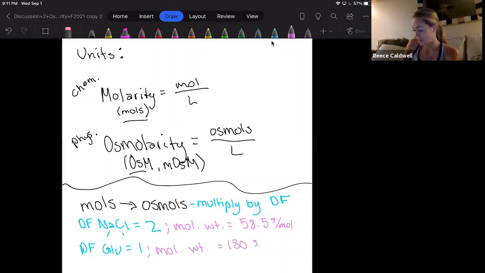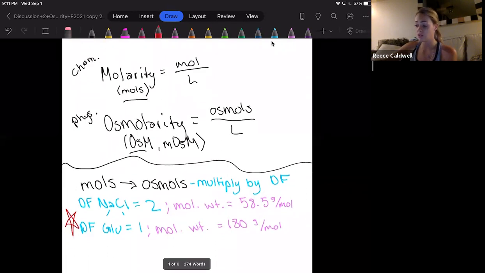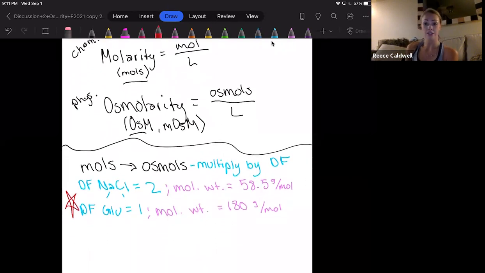Definitely memorize those for the exam because they will not be given. You find molecular weights on the periodic table, and dissociation factors you just have to memorize. So definitely have those in your mind for the exam.